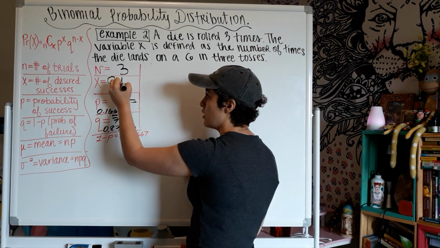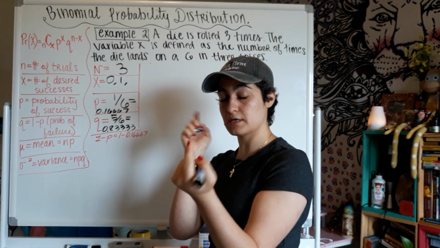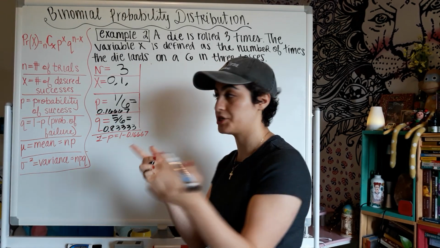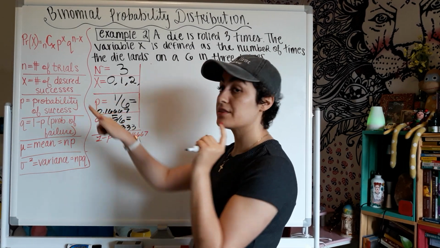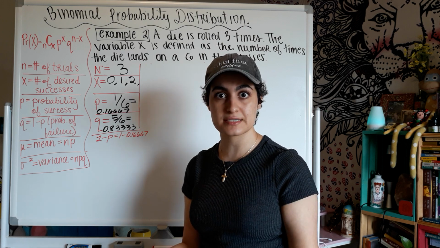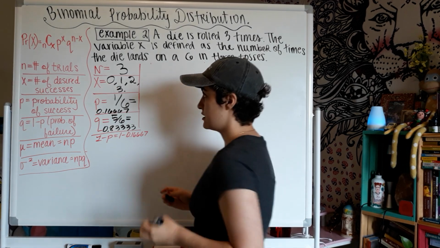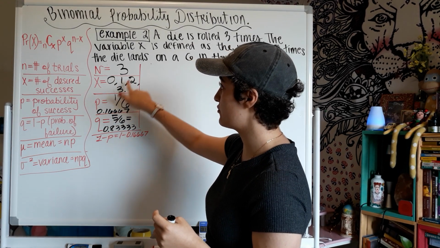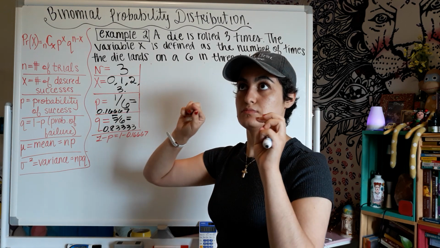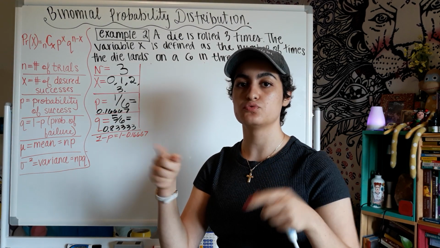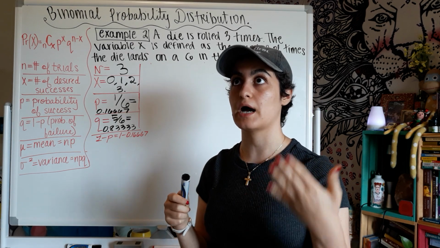So that's 1. There's a chance I get 2 sixes, right? It's not a high chance, but it is a chance. So 2 successes. And then there's a chance that I get a 6 every single roll. So that's 3 successes. So there's 4 different scenarios of how many times out of those 3 rolls you get a 6.